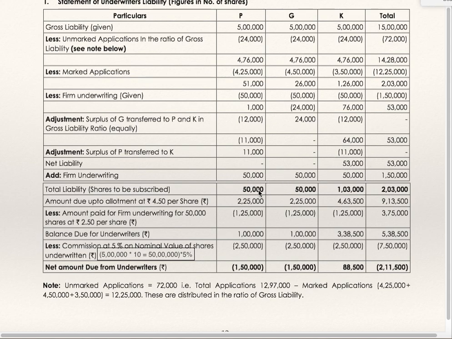Add firm underwriting. So total liability of underwriters: P 50,000, G 50,000, K 1,03,000, total is 2,03,000.